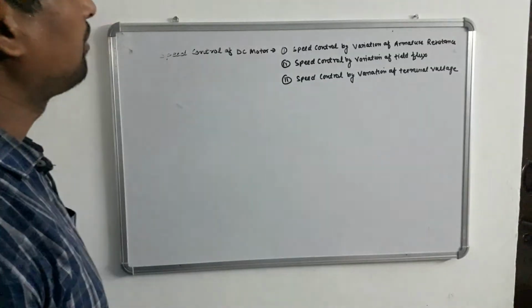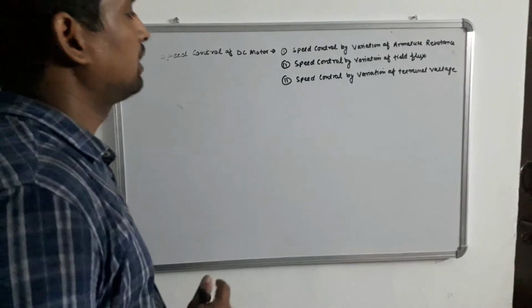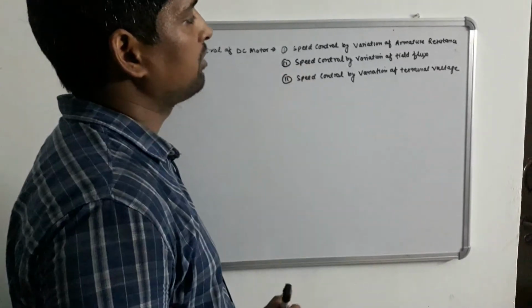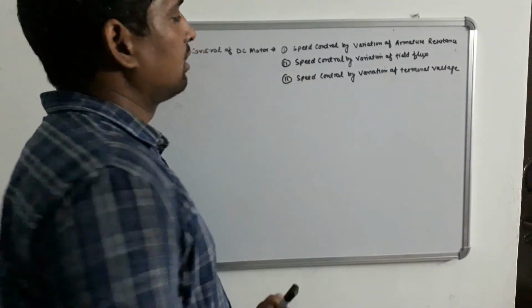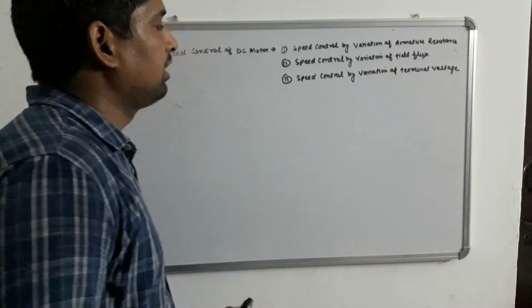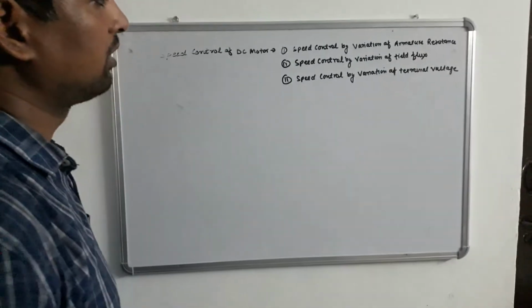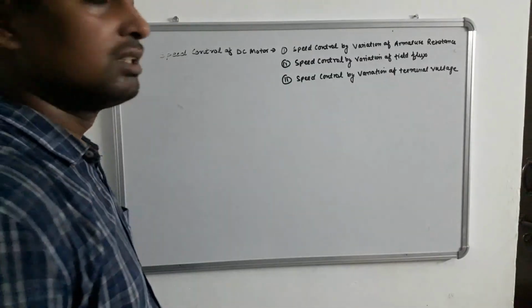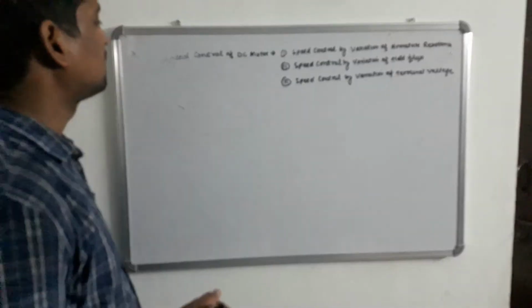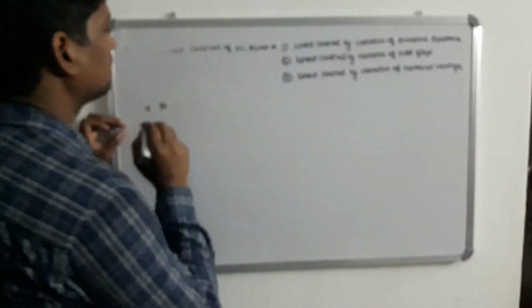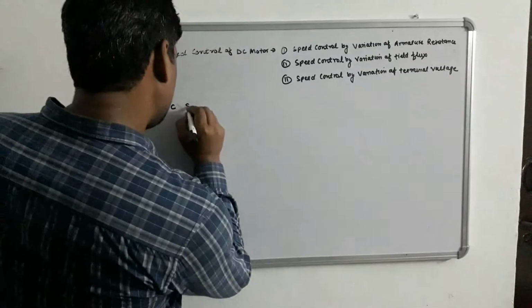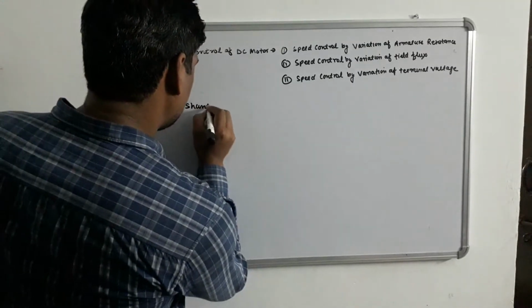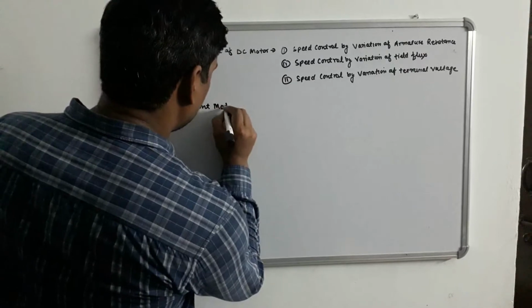First of all, we have to discuss speed control by variation of armature resistance. For discussion, we are taking them one by one. First of all, we take the DC shunt motor.